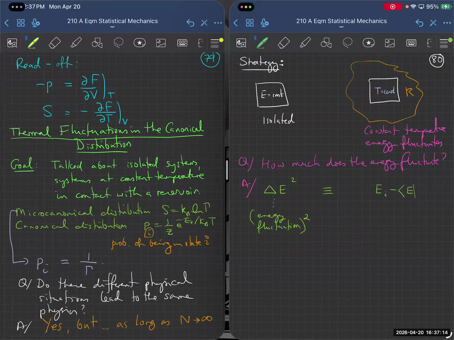If I were to take the average of that, I would by definition get 0. But if I square that, and then take the average of that, that will not be 0. And so that is a measure of how much the energy deviates from the mean value.